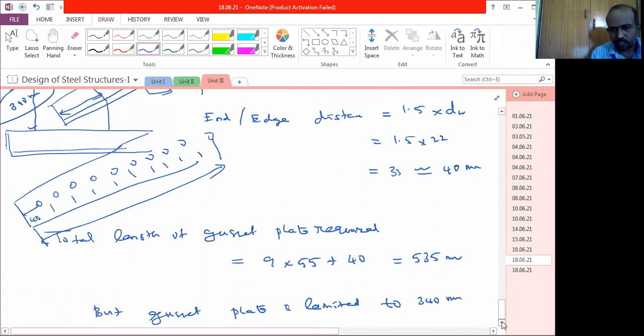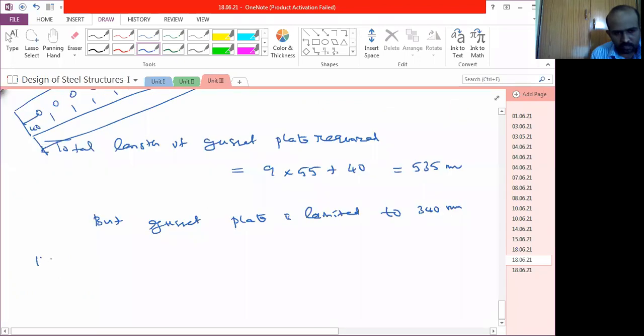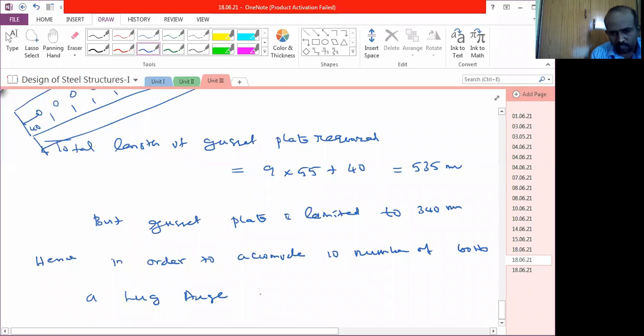Hence, in order to accommodate 10 number of bolts, a leg angle is needed. Okay. Do you understand up to this?